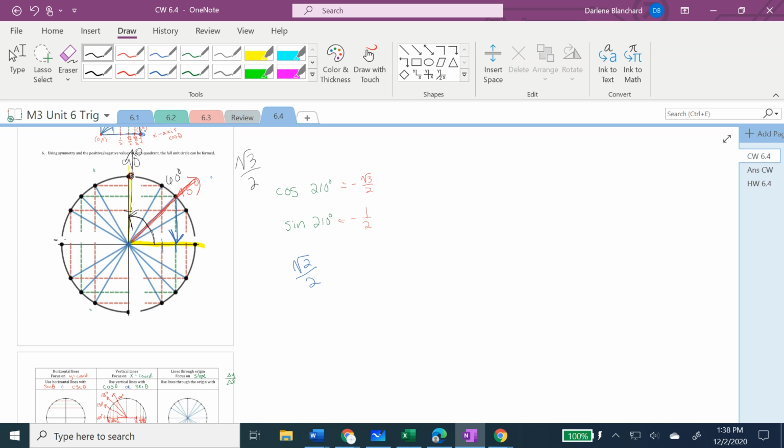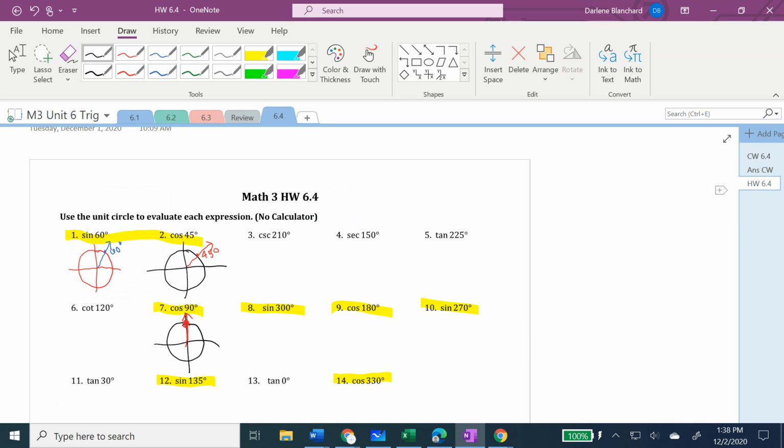So the cosine of 90 degrees is 0. And all you have to do on these problems is write the number. You don't have to draw the circles, especially if you have a unit circle next to you. But what I'm wanting you to see is to understand a lot better how these numbers are coming out.